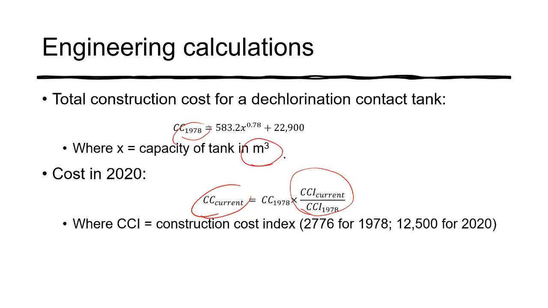Notice it's dependent on volume. I go through in the Word file the example of how you're going to take your rate constants, and from your rate constants, you will determine the volume.